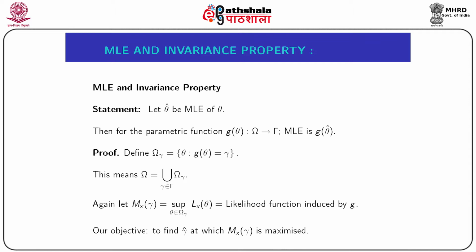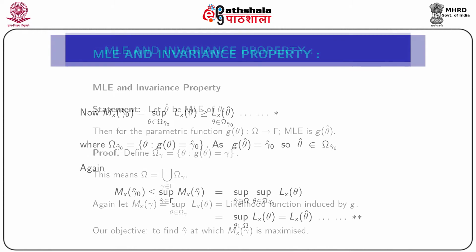Again, let us define capital M_x(gamma) equal to the supremum of L_x(theta), theta belonging to the parameter space omega_gamma. Naturally, M_x(gamma) is the likelihood function induced by the function g. Now, our objective is to find the estimate of gamma, say gamma hat, at which the function M_x(gamma) is maximized.